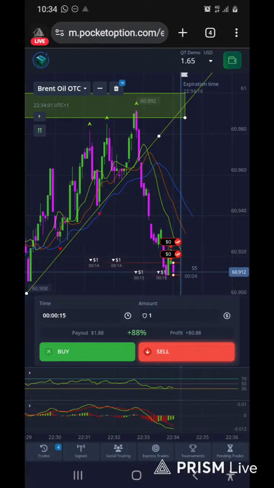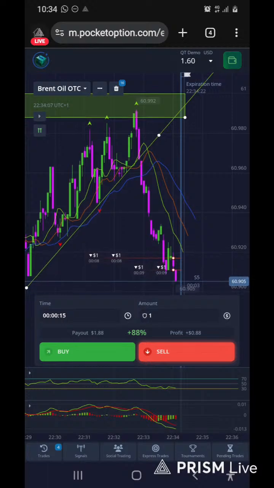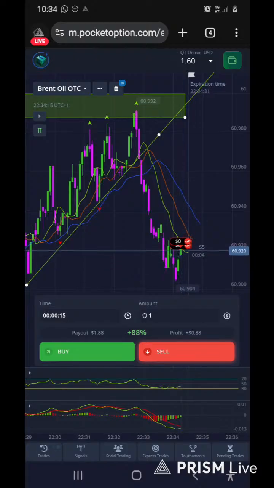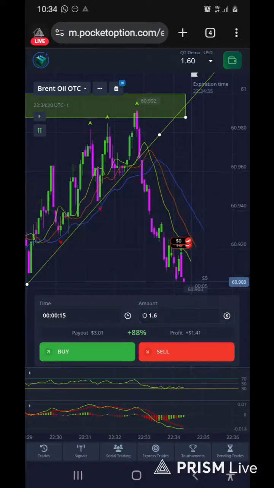If I enter, it doesn't enter fast. It wastes time because the internet is slow. See, so that's how to catch the trend. I hope you get it. The reason why I'm losing is because my internet is slow.